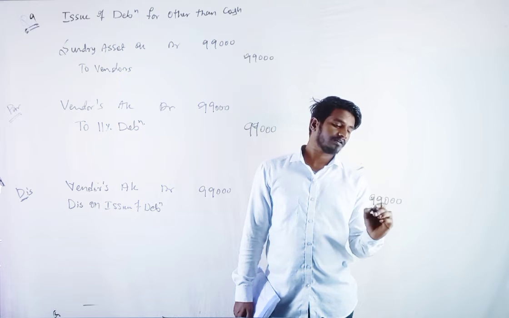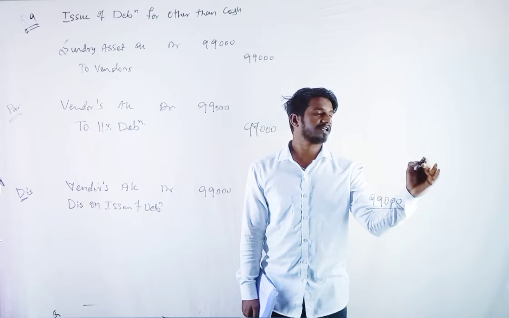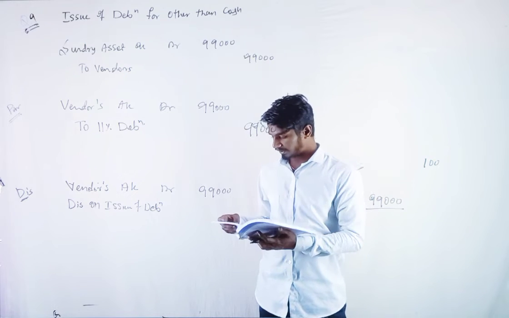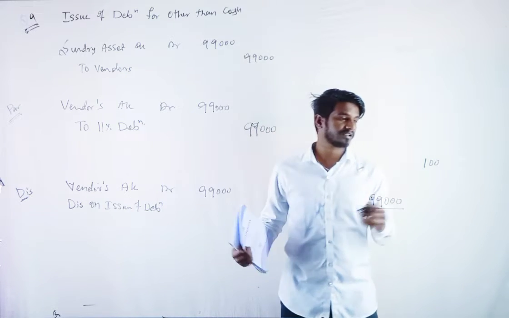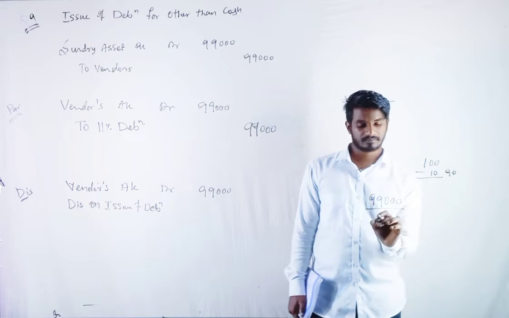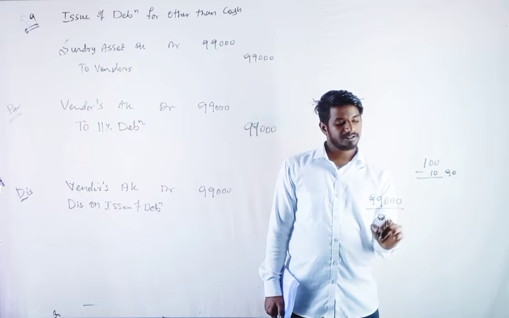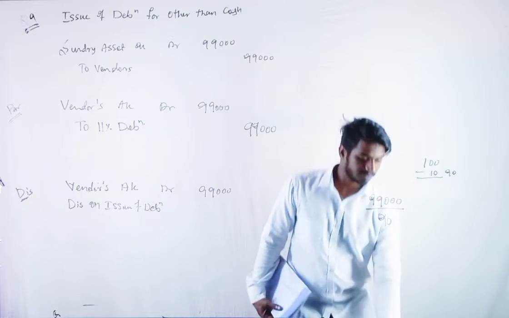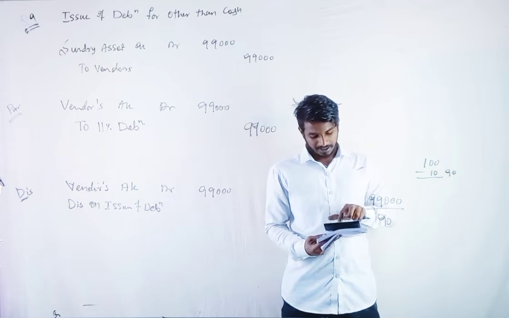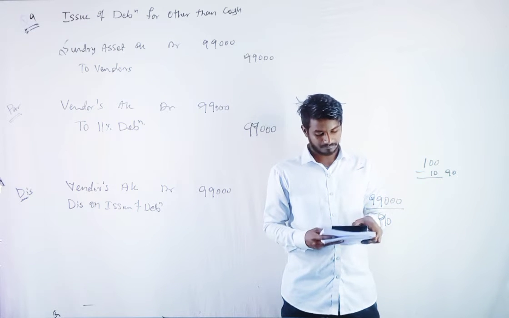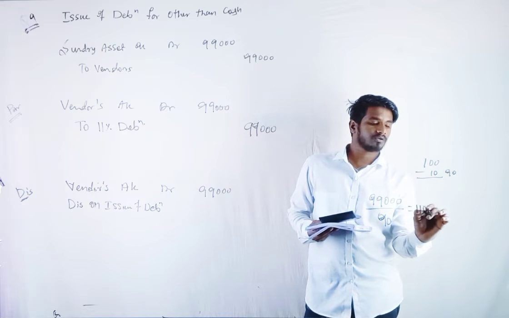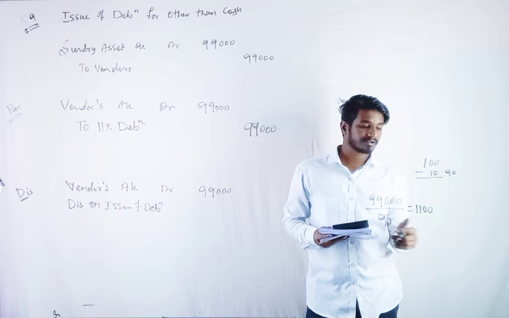Face value is 100 rupees, and with a 10% discount it is 90. 99,000 divided by 90 equals 1,100 debentures issued.